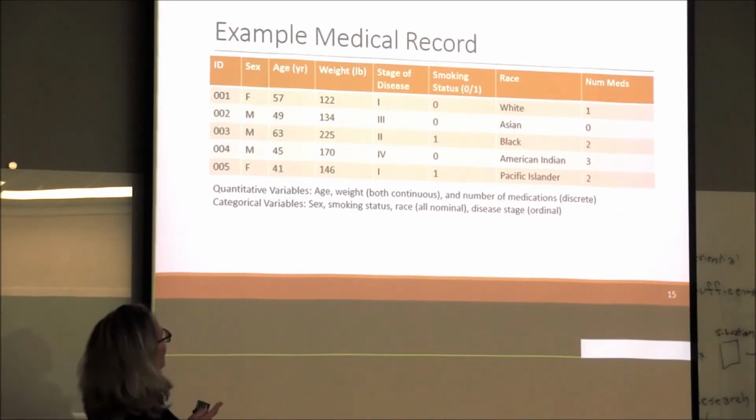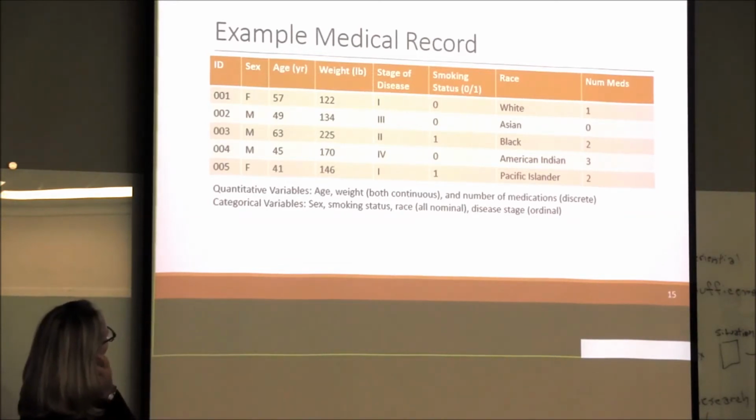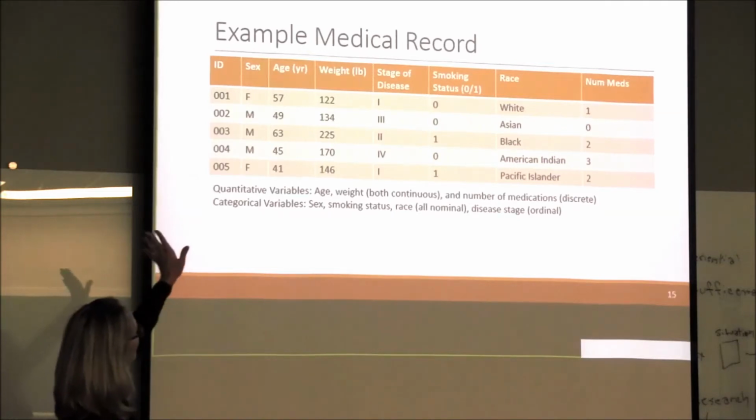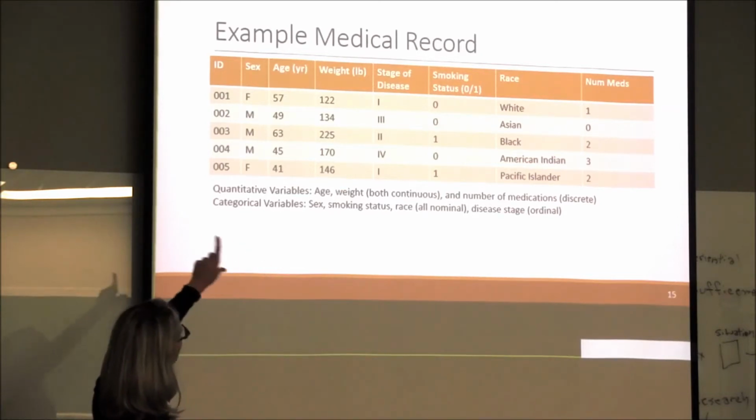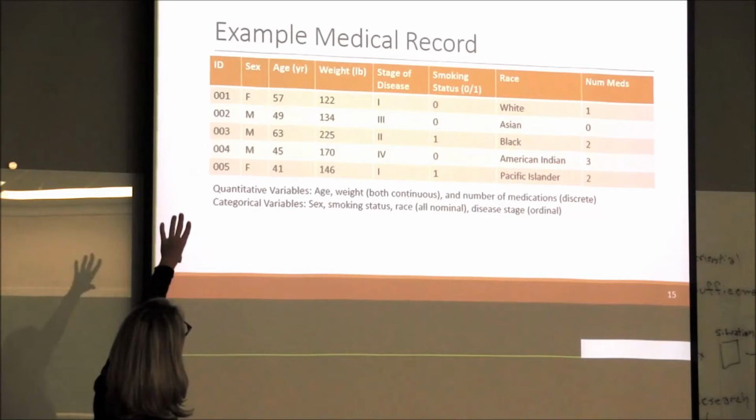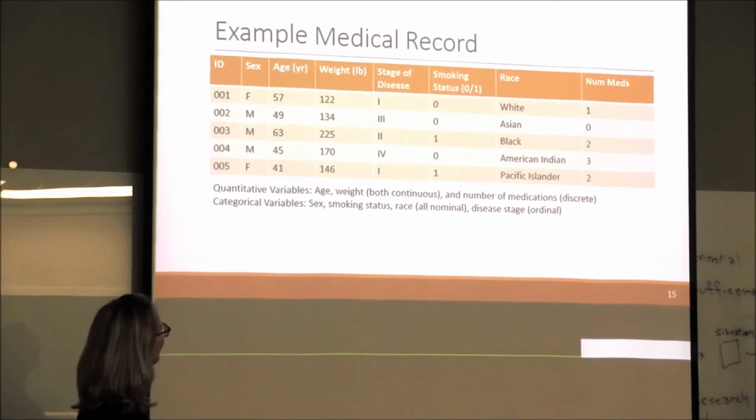And this is an example table of a medical record, just as an example. So if this data set came to me, of course, we don't see any dates or names, and these have been de-identified identification numbers.